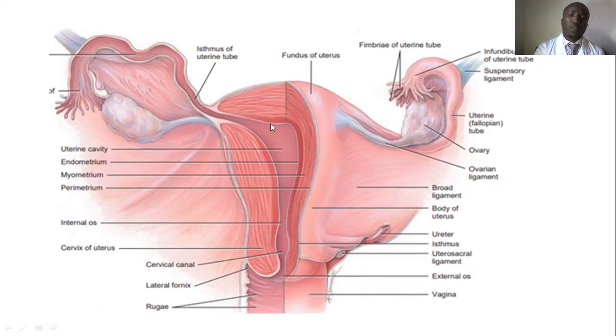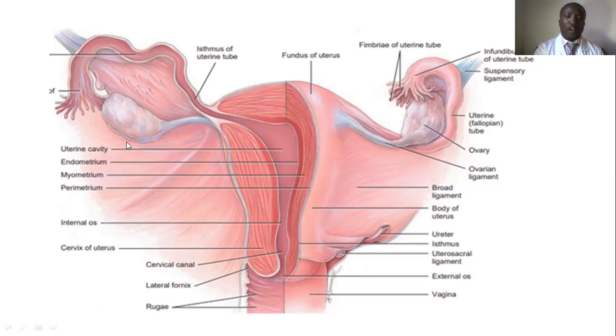So, as you look at this uterus, you can see that we have this huge mass here. These huge masses are the walls of the uterus. The wall of the uterus is made up of what we call the myometrium. The myometrium is a muscle. This block of muscle is the myometrium. As you can see, it has been dissected, and this is what we call the perimetrium, which is covered by what we call the serosa.